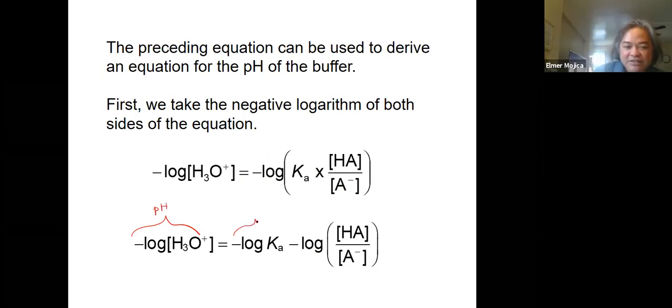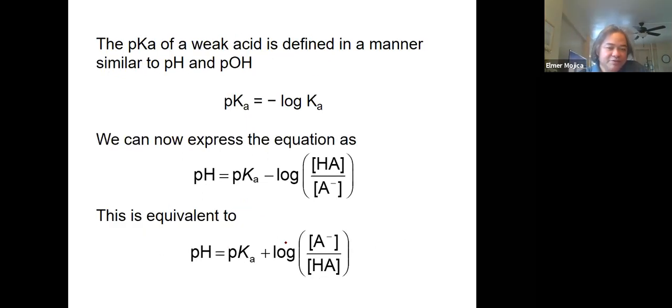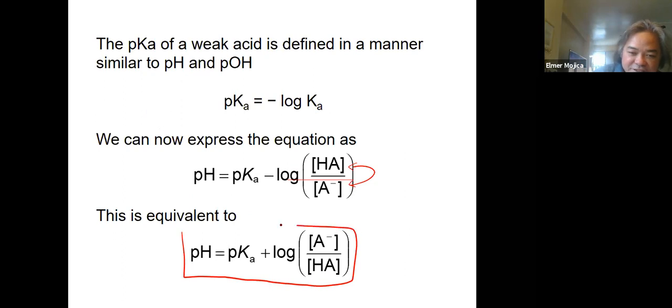And negative log of Ka is equal to your pKa. And to make this positive, what do you do? You swap the numerator and the denominator. So what you end up getting is the Henderson-Hasselbalch equation.